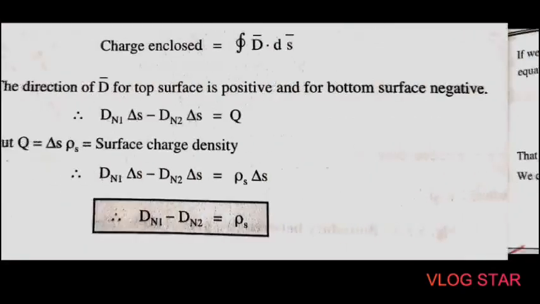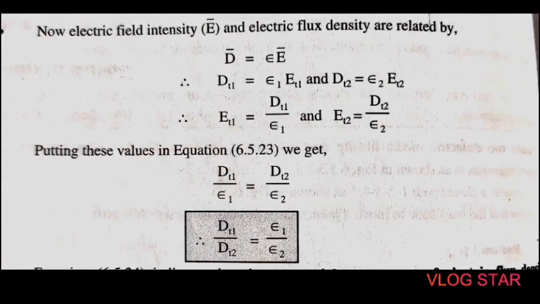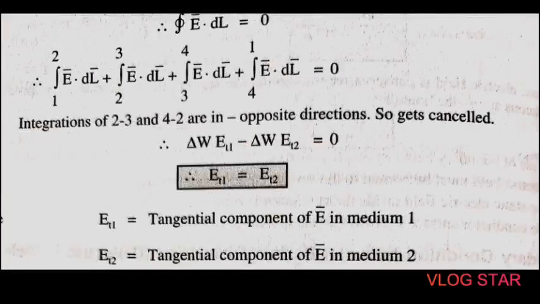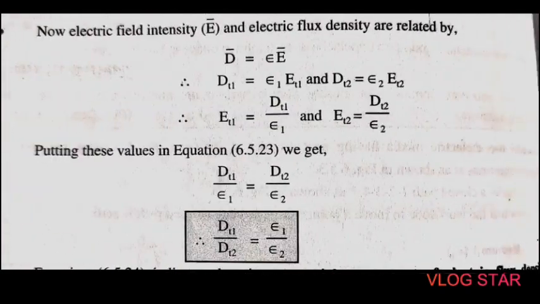Okay, so these are the four conditions for the boundary condition between perfect dielectrics. So the first, tangential component, is Et1 is equal to Et2. Then for the electric flux density tangential component, Dt1 upon Dt2 is equal to epsilon 1 upon epsilon 2.